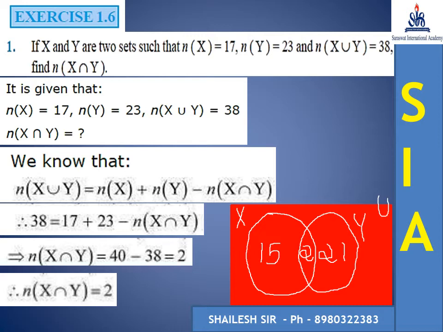Same in the Y portion, we have 23 given, but I wrote 2 already, so the remaining number is 21. Students, here 21 indicates only set Y and 15 indicates only set X.